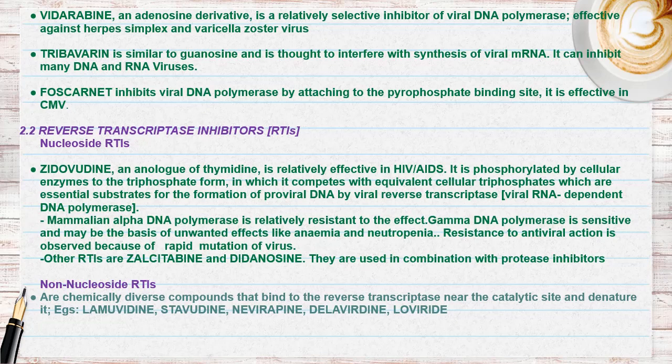Reverse transcriptase enzyme is also called RNA dependent DNA polymerase. Mammalian alpha DNA polymerase is relatively resistant to the effect, and gamma DNA polymerase is sensitive, and this may be the basis for the unwanted effects like anemia and neutropenia observed with zidovudine.